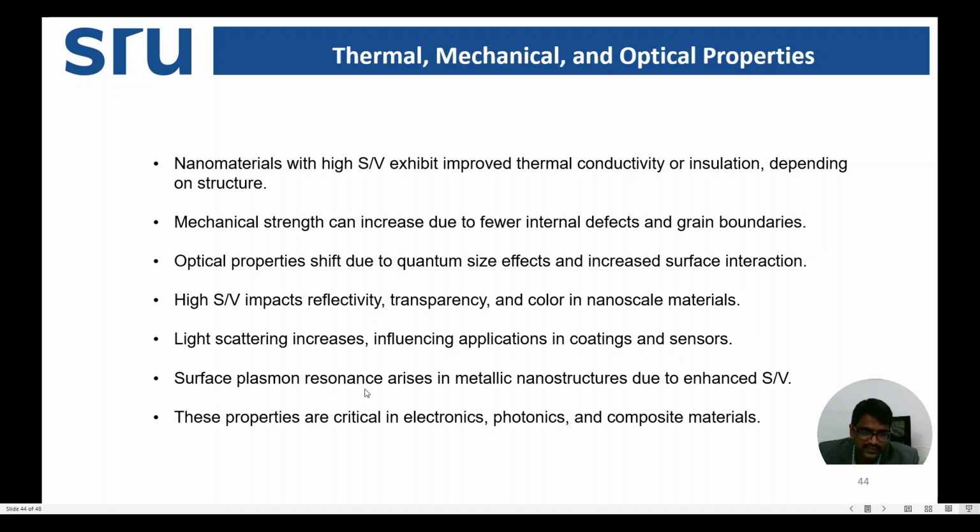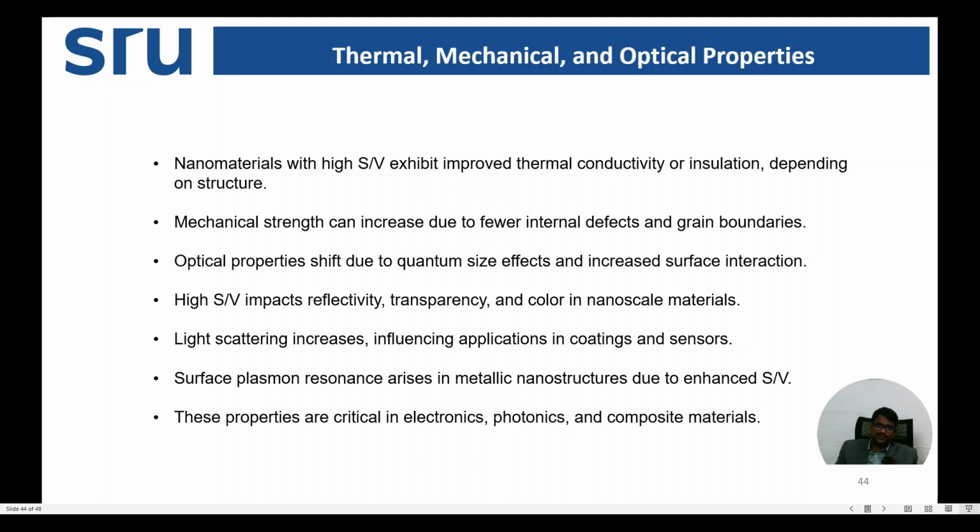Surface plasmon resonance arises in metallic nanostructures due to enhanced surface to volume ratio. For example, if you consider metal nanoparticles, for example, copper nanoparticles, silver nanoparticles, gold nanoparticles, these metallic nanoparticles will show a behavior which is called surface plasmon resonance, SPR.